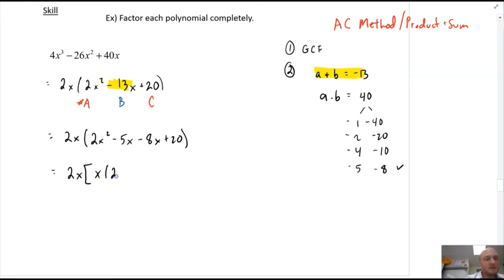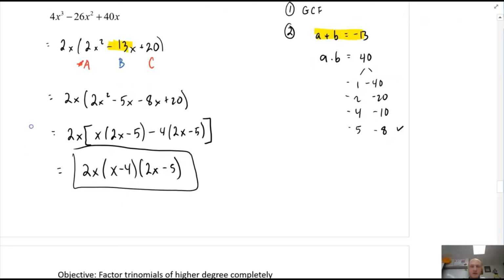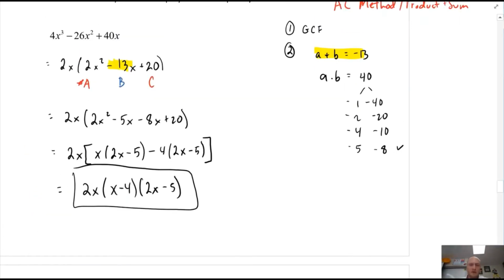So I have an x, and over here I have a -4, it looks like, leaving behind 2x minus, I took out a -5. Okay, so then we get x minus 4 times 2x minus 5. And we are done.